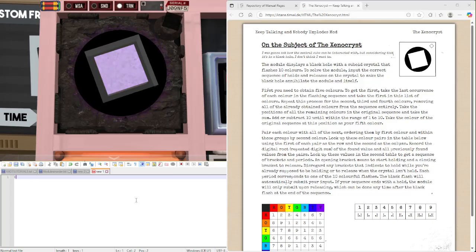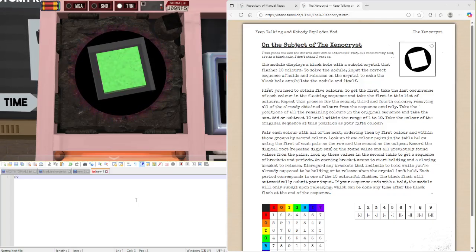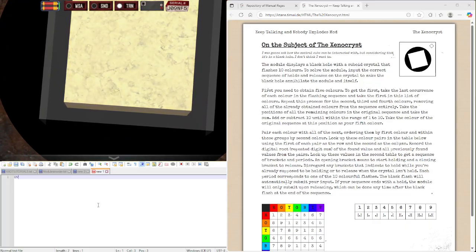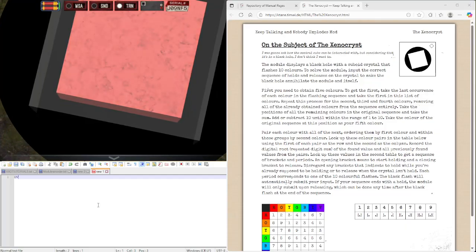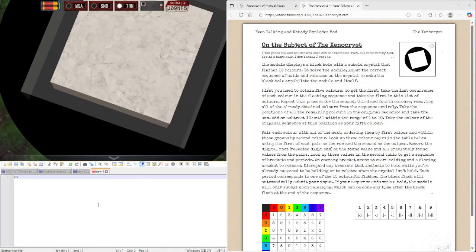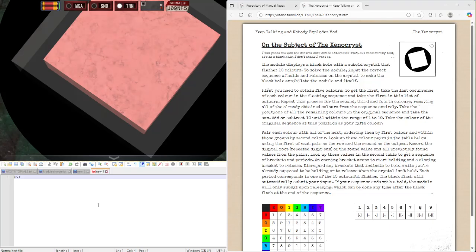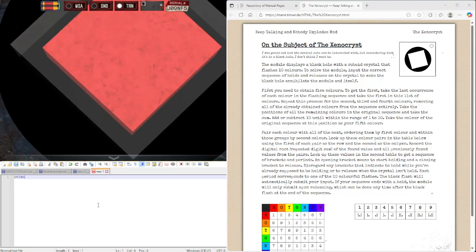Orange, violet. I'm going to see that again. Indigo, red, green, red.